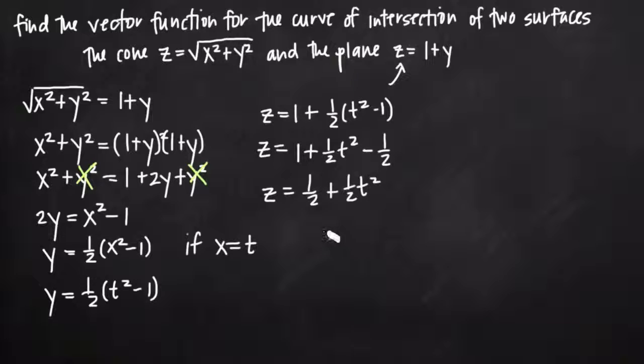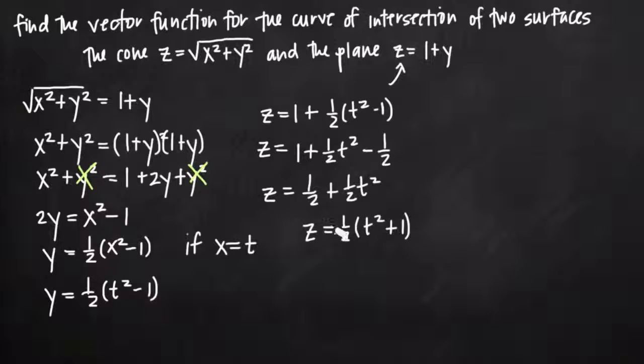When I factor out a 1/2, I get z is equal to 1/2 times quantity 1 plus t squared, or I can flip it around and say t squared plus 1. Now I have x, y, and z all defined in terms of t, so I can very easily put these together into a vector function.